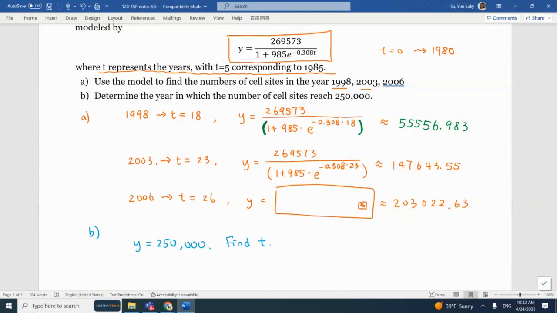So now y is 250,000, and the right hand side, 269,573 divided by 1 plus 985 e to the negative 0.308t, remains the same. We want to find t.